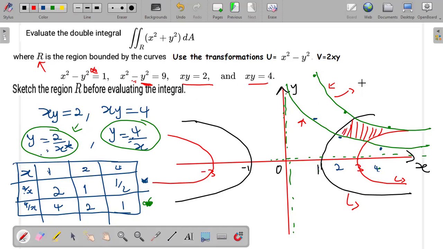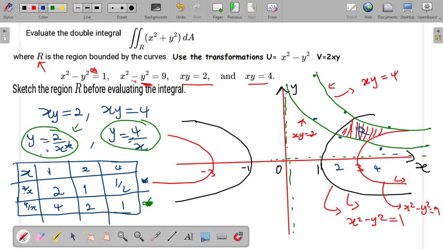This one is xy equals 4. This one here is xy equals 2. And then this one in black is x squared minus y squared equals 1. And the one in red, this one here, is x squared minus y squared equals 9. Okay, so our region of integration is this one here.